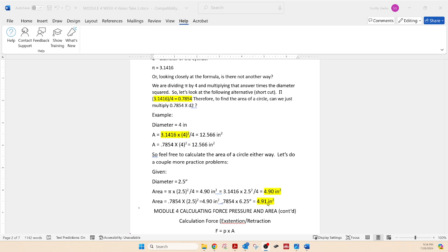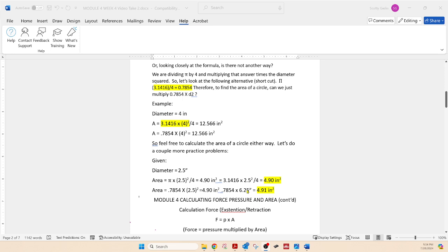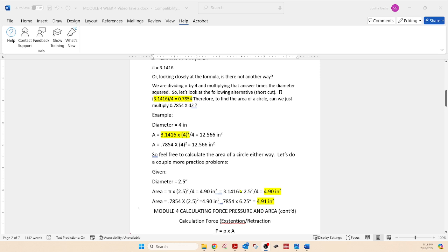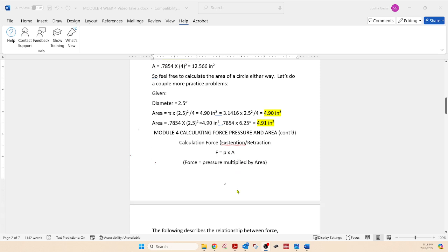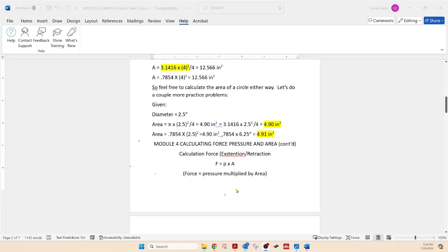So I'm hanging in there with the 0.7854 crowd, I think, for my calculations. Okay, that's the circle thing, and I'm going to stop before I move into some other things.